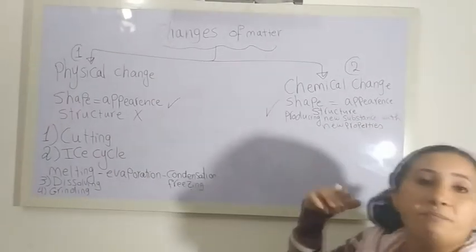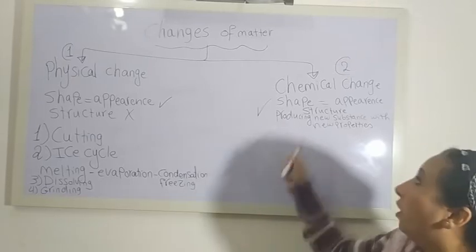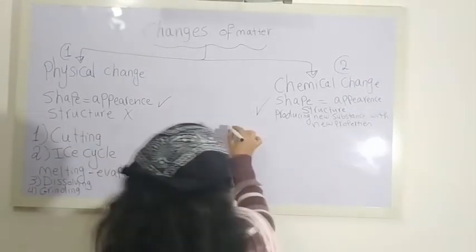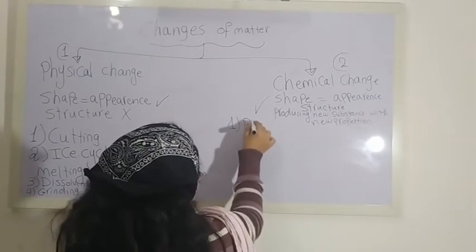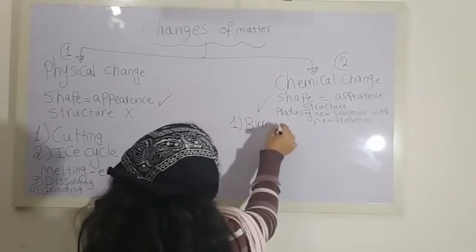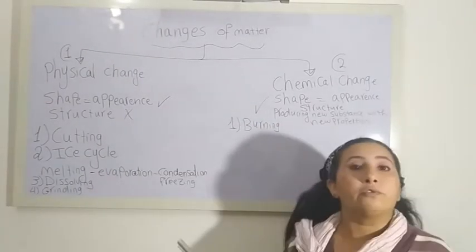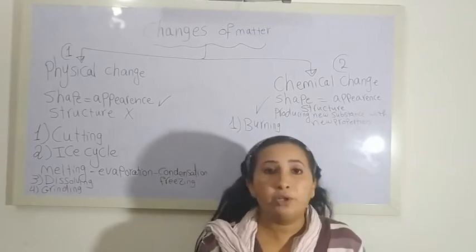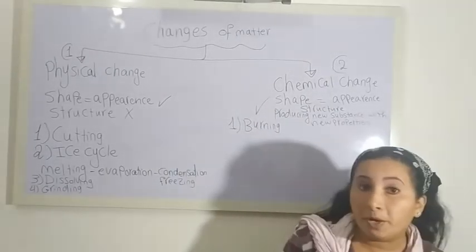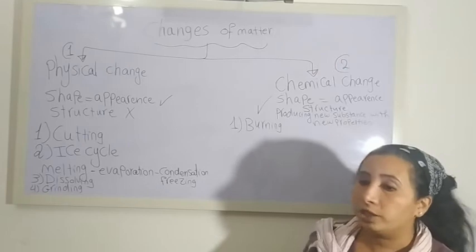Actually, I have many examples of chemical change. Number 1, burning of sugar, burning of fuel, burning of wood, burning of paper. All that is a chemical change.